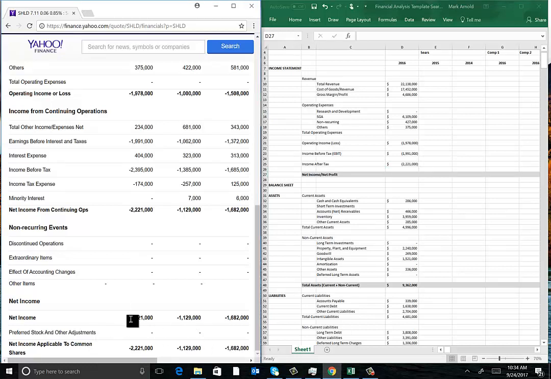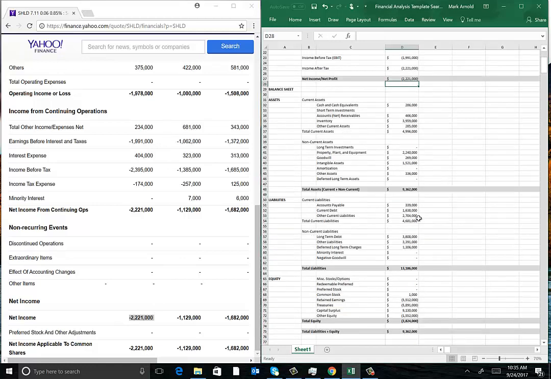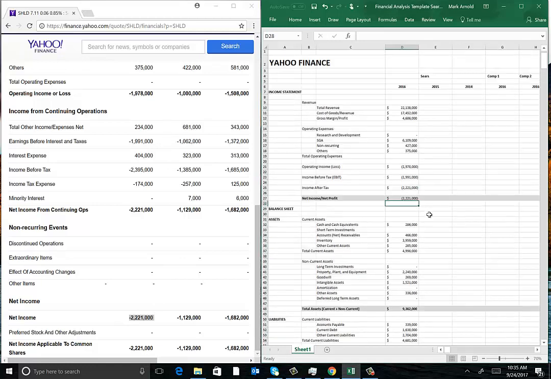Okay, and we just type in that number, which happens to be the same. Negative 2,221,000. All right, so there, we've got our income statement. Everything looks good, and we've got our balance sheet, which I entered the numbers previously.